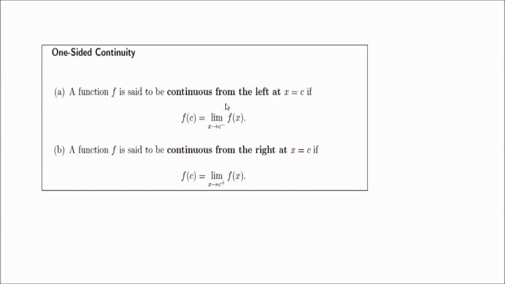Okay, so ibig sabihin continuous from the left siya kapag equal sila. Kapag naman from the right, yung mas mataas dun sa C, so continuous siya from the right at x equal to C. This is what we call one-sided continuity class.